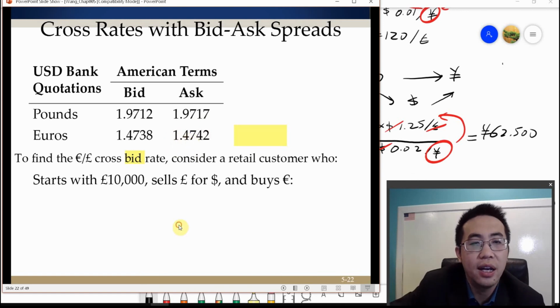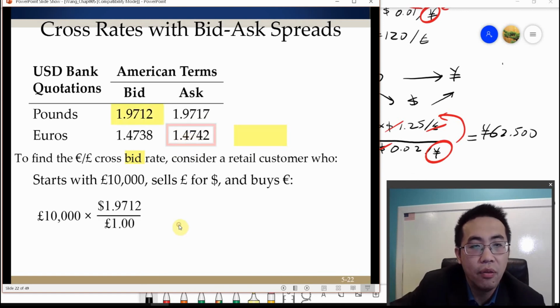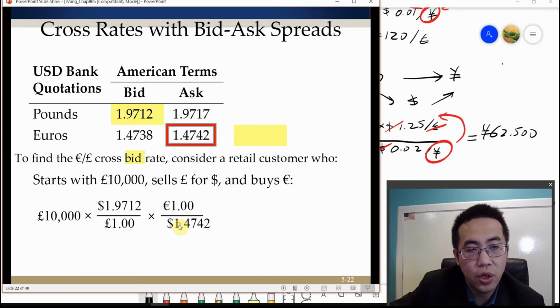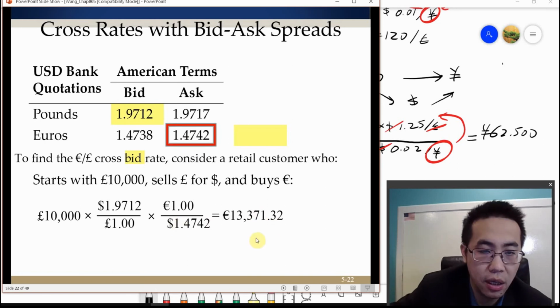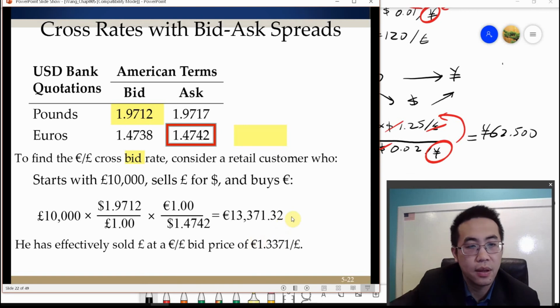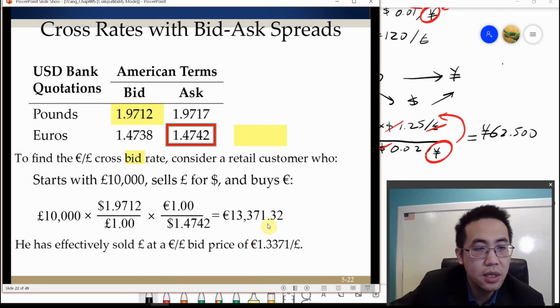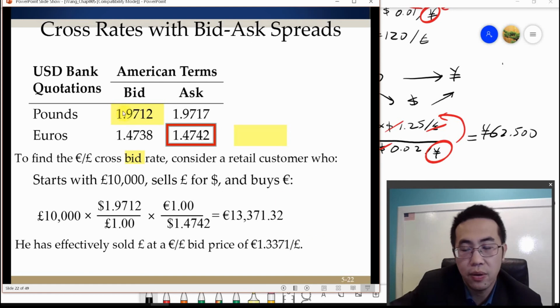So you're going to divide by 1.4742, and eventually you get your amount of euros. So effectively you sold 10,000 pounds to get that amount of euros at this 1.3371 euro per pound. That's a cross rate. This is an implied cross rate when you combine the direct quotes of both currencies.